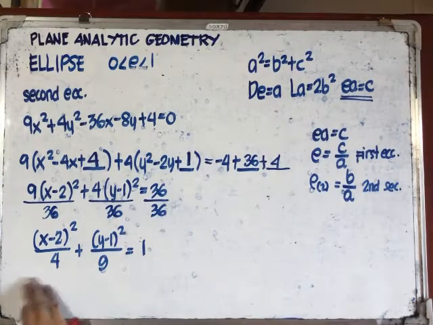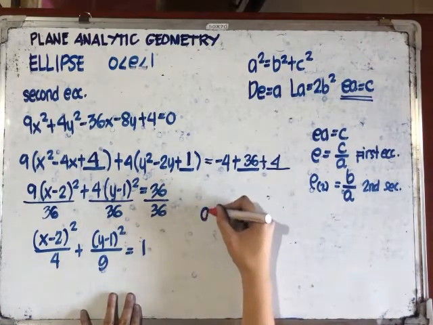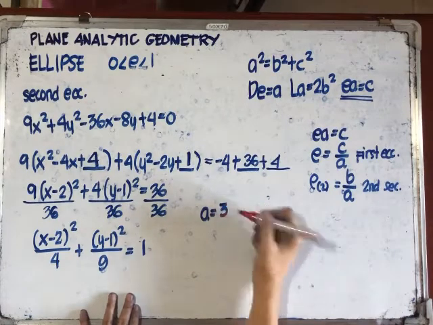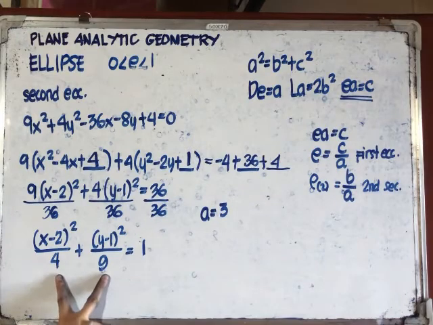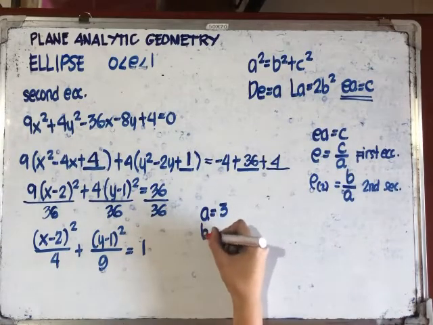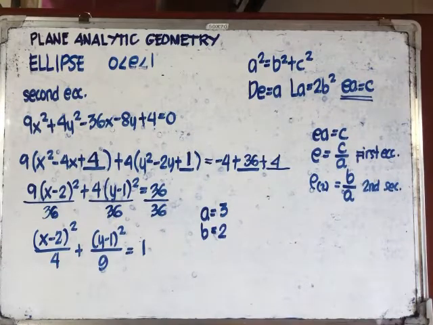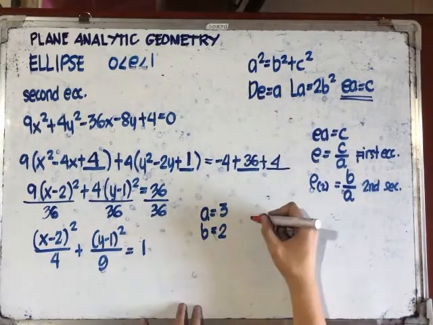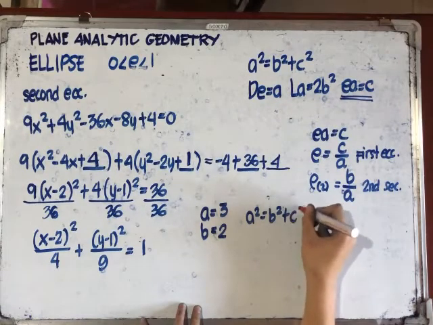A is, from here, equal to 3. Right? This is your A squared and not this one. The higher of the two will serve as your A squared. Taking the square root of 9 will give you 3. And B is 2. To get C, you need to use your Pythagorean Theorem that A squared is equal to B squared plus C squared.